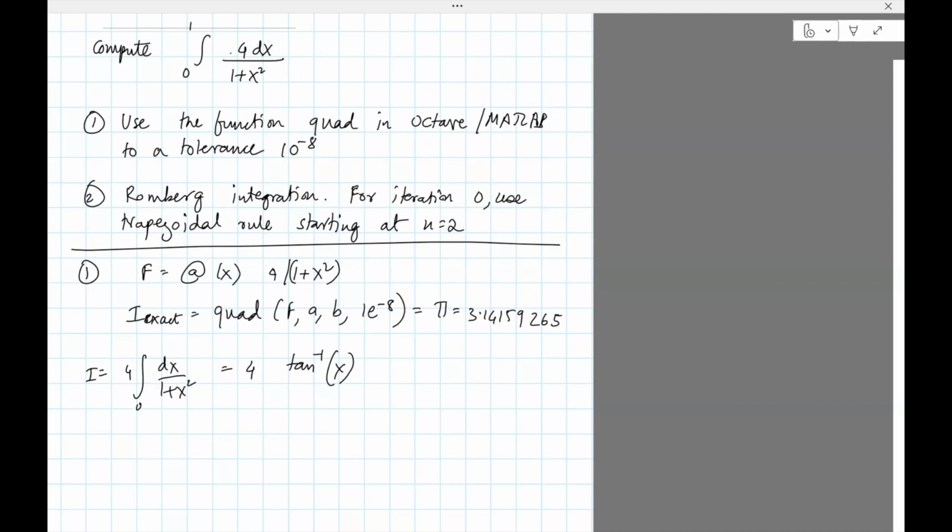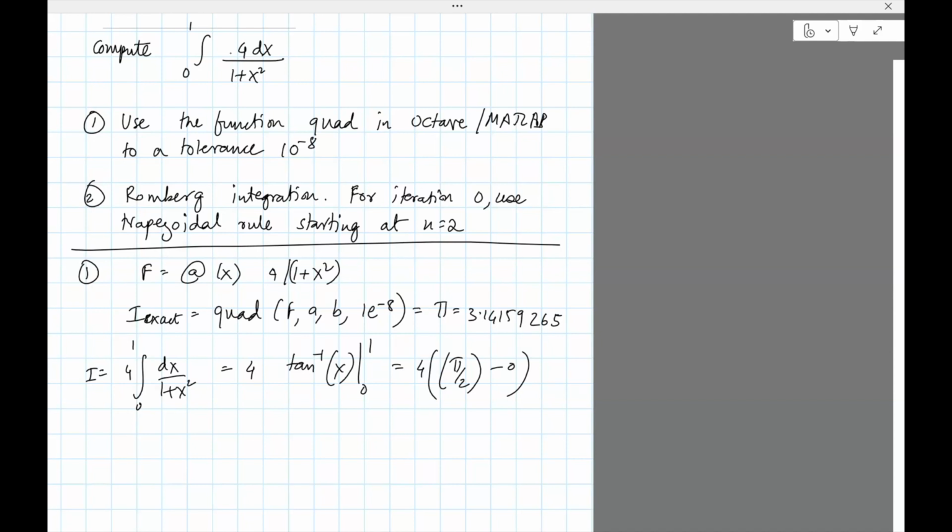So when you take the limits, 0 and 1, I think it's pi by 4 minus 0, right? Oh, it's 2 pi. Wait.